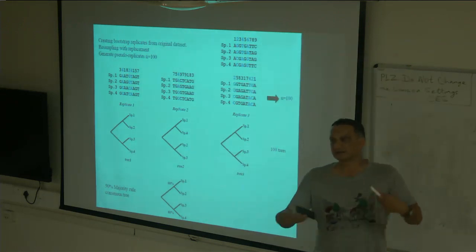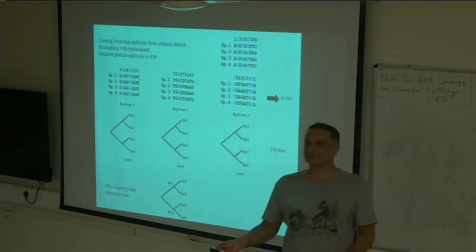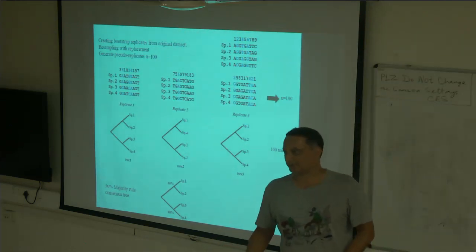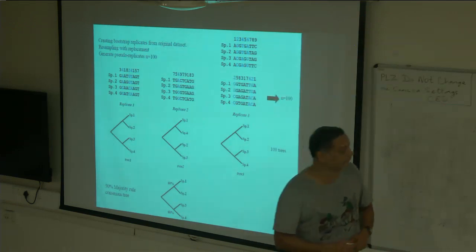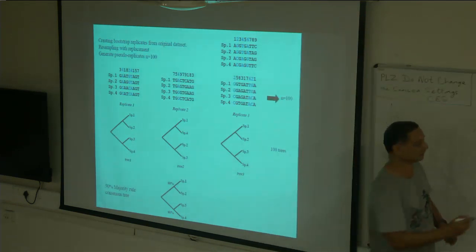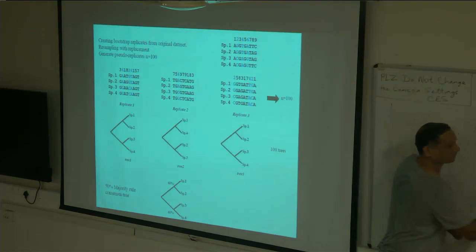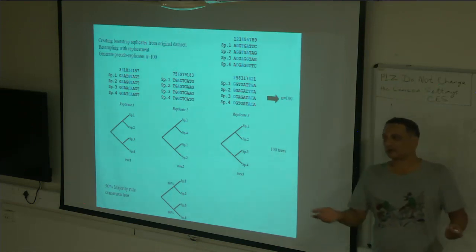You just say that nodes with less than 50% support are not shown. Or you can get into the program and figure out the actual support. It might be 35, and you can put it there. So it all depends on you.